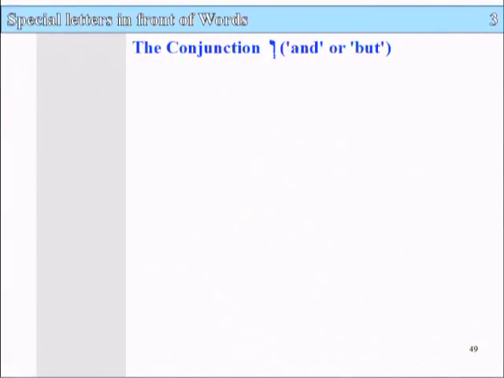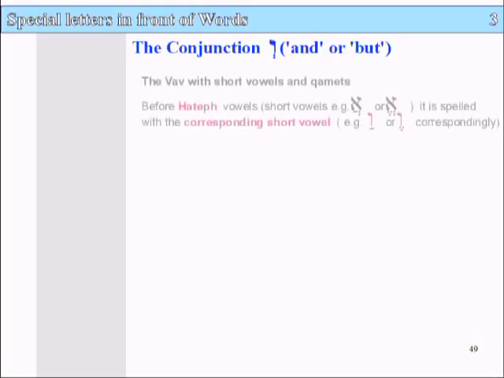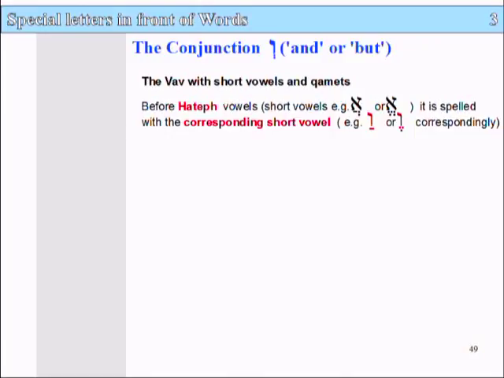Slide 49, Lesson 3, Special Letters in Front of Words. The conjunction vav continued. The vav with short vowels and kamets. Now, short vowels are called hatuf vowels, like this one, patach hatuf, and this one, segol hatuf.